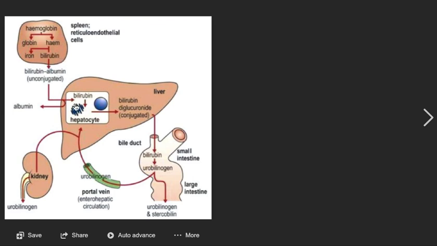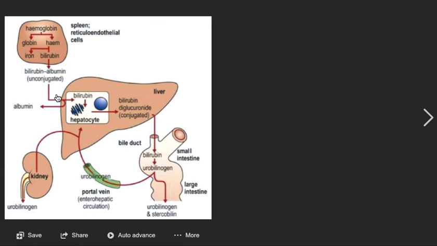Whatever is taken to the liver will be conjugated, but of course, the liver has some capacity to conjugate. So the plasma unconjugated bilirubin simply rises, and the increased amount of urobilinogen can also be detected in the urine, as well as the levels of lactate dehydrogenase are going to rise as well.